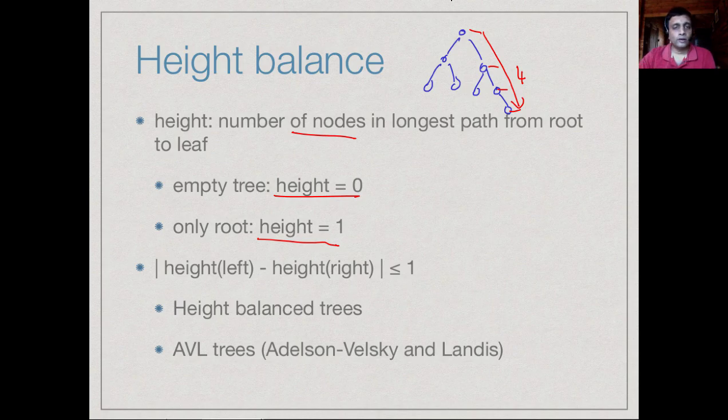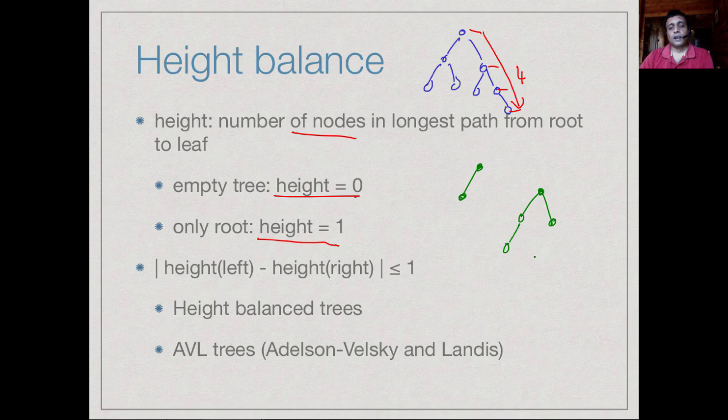Now this is more relaxed than the previous thing. For example, I could start with a height balanced tree like this, and then I could connect this to form a height balanced tree like this.